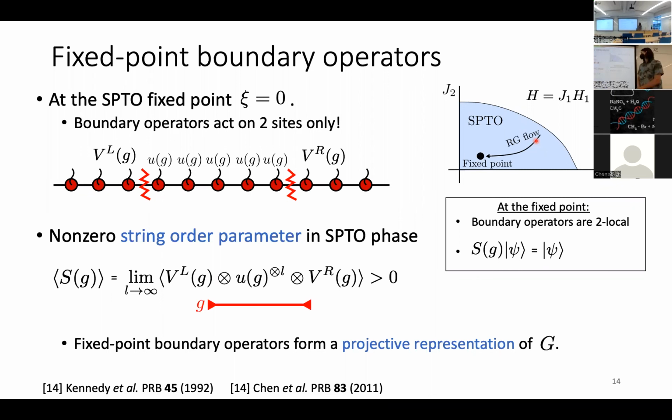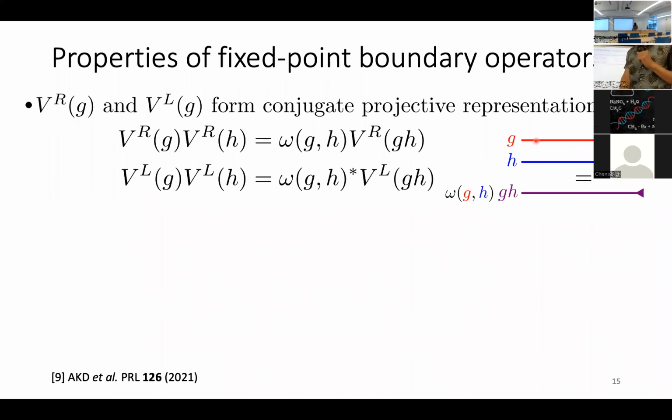Cool. And so it turns out that one can construct these boundary operators such that they form a projective representation of my symmetry group G. So what do I mean by that?